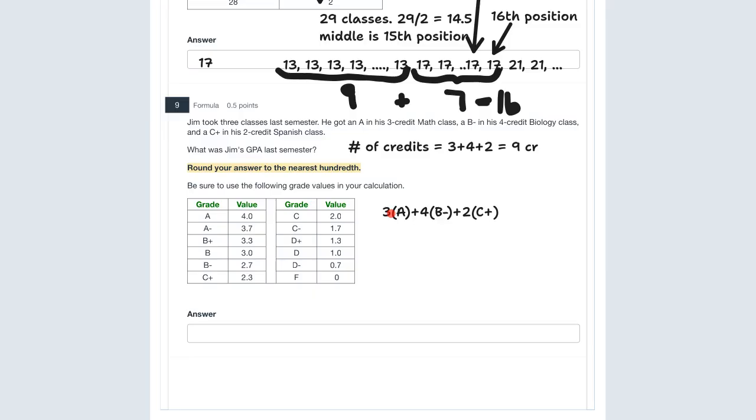Space these out a little bit. Put a fraction bar here, and I'm going to divide this by the 9 credits.